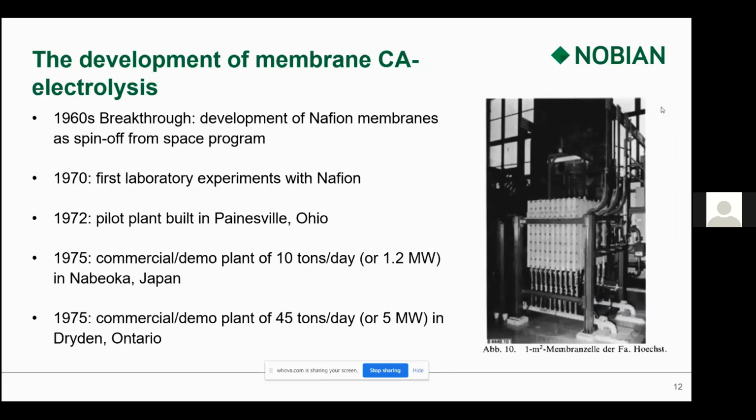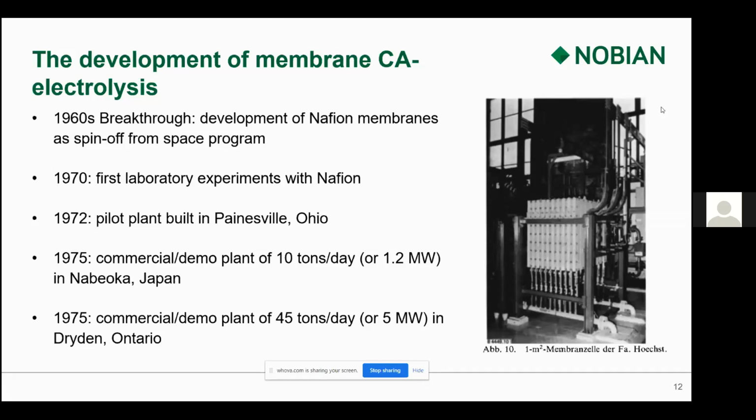Of course, you can have a strong driver, but you still need to have a good alternative. And what we saw in the chlor-alkali process is that there was a nice breakthrough at the end of the 1960s, as a result of the space program, where Nafion membranes were developed, these perfluorosulfonic acid membranes. And these were basically the first membranes that could be stable in a chlor-alkali type of environment.